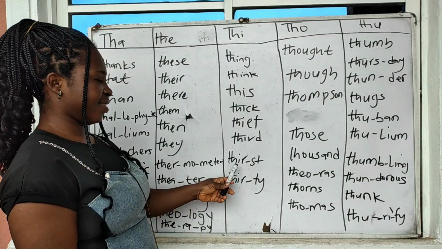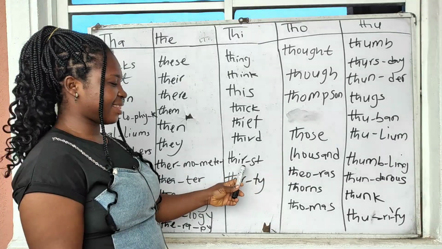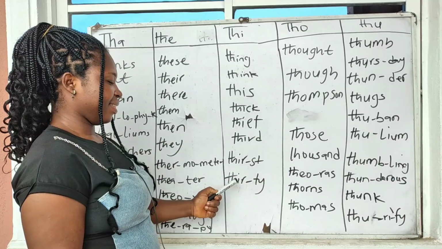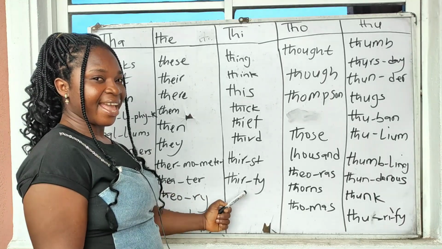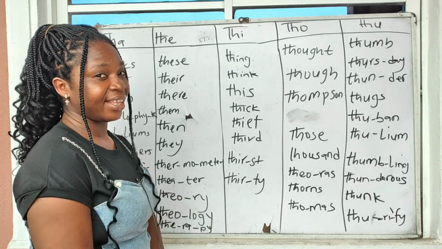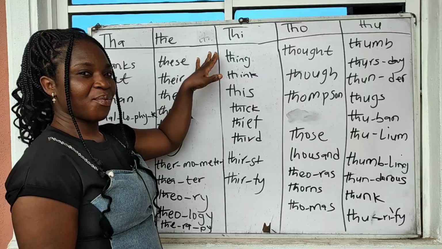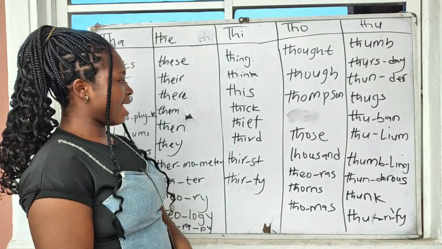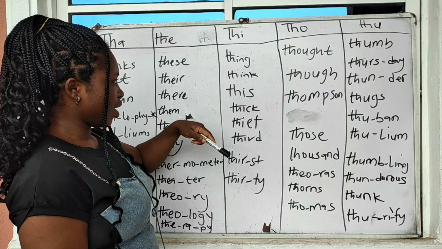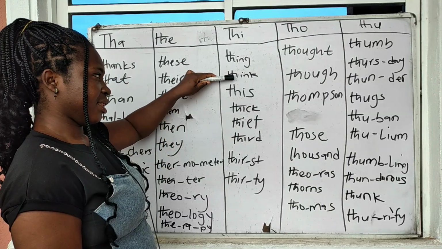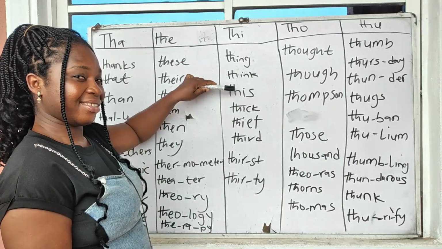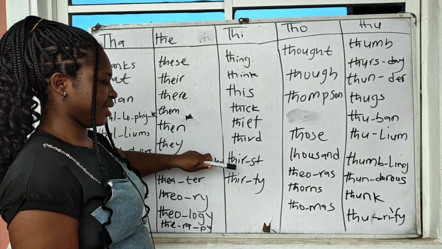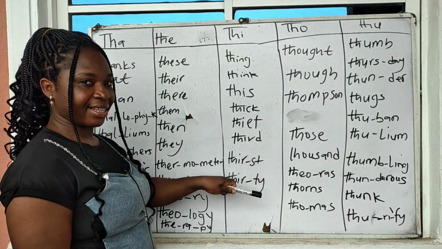Now we have test. It is sounding t. We have 30. It is still sounding t. So most of the list in this column sounds t except this.